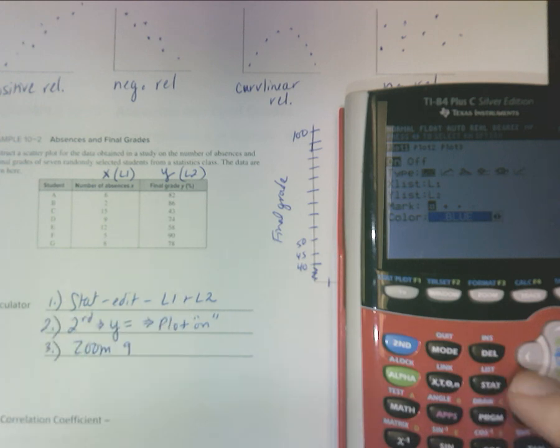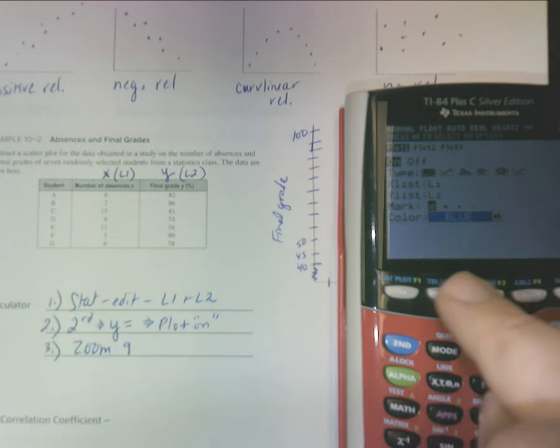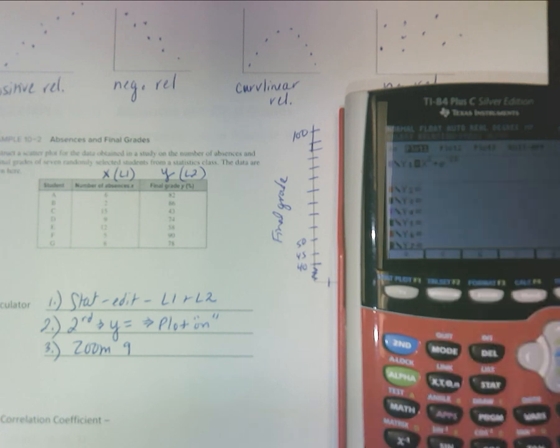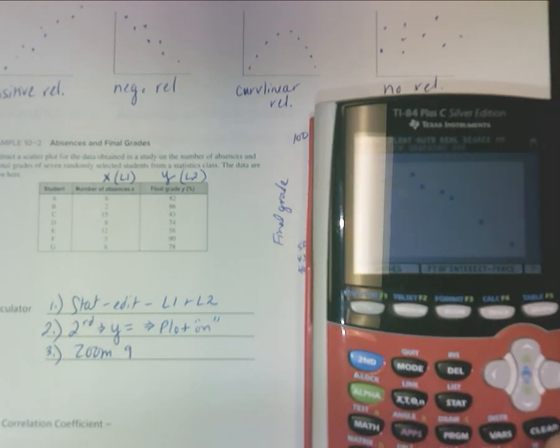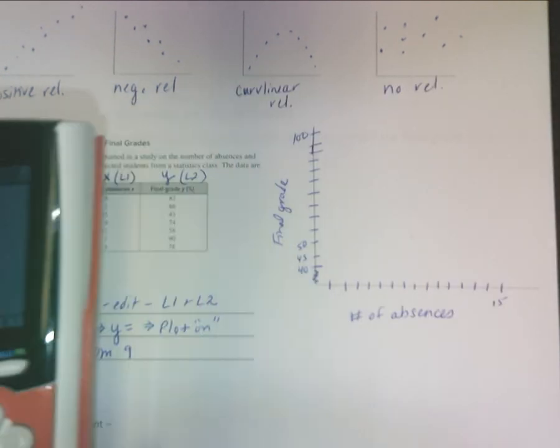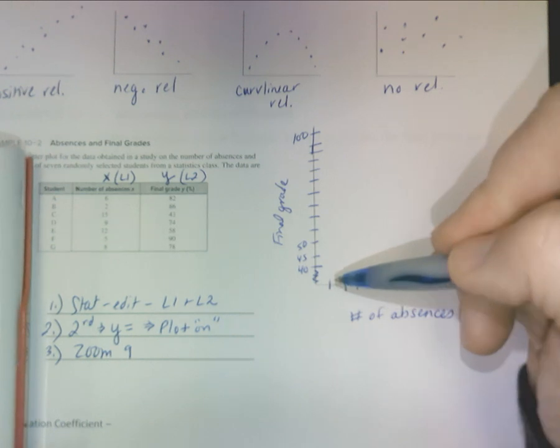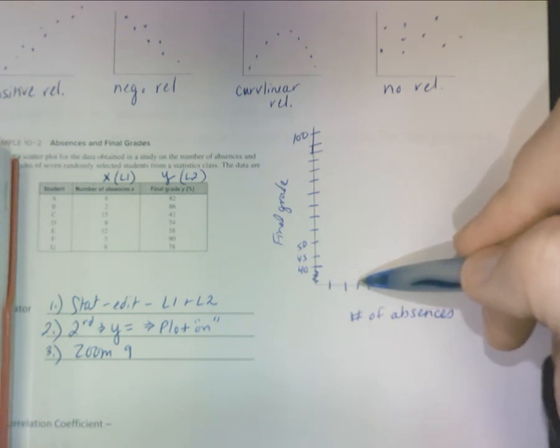Now, if you have something else in your y equals, you need to clear it out. I didn't even clear it. Let me see if my y equals has something. I do. Look, I clear that out. So hit zoom 9 and look at all those dots. Okay, and you can graph them by hand, obviously. 1, 2, 3, 4, 5, 6.